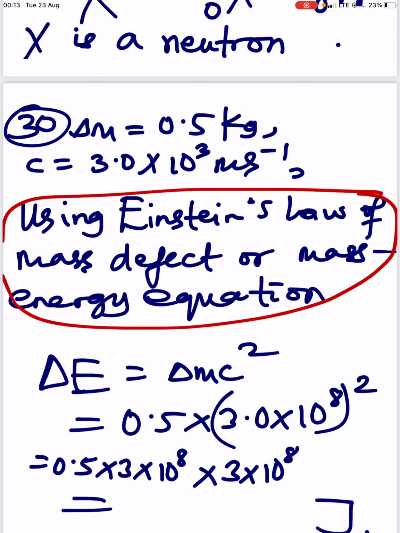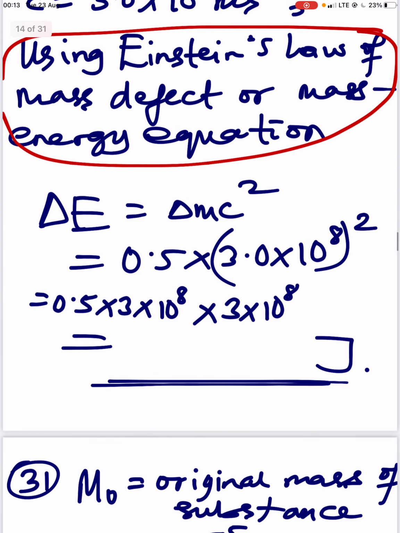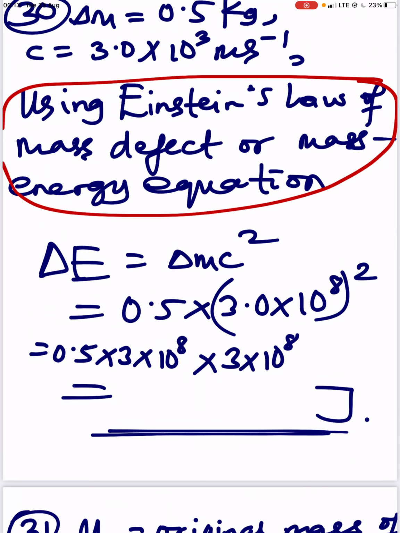Einstein's law of mass defect states that when an atom disintegrates, emitting several particles, the loss in mass is synonymous to an emission of energy, which is equal to loss in mass times c squared, where c is the speed of light. So that means delta E will be delta m times c squared, or we simply say E is mc squared, where m is the mass lost and c is the speed of light.